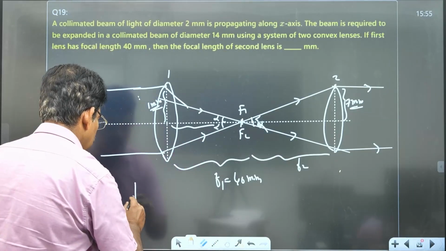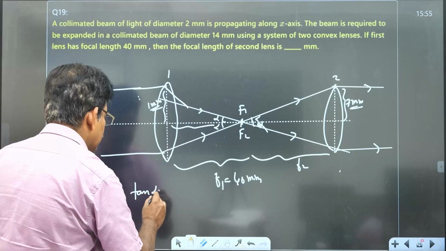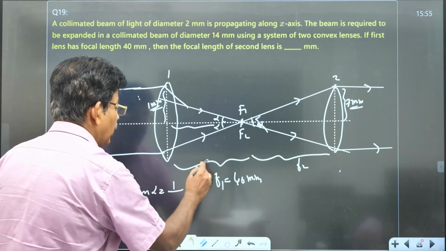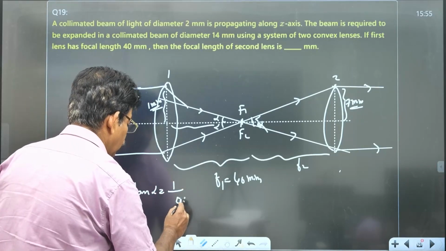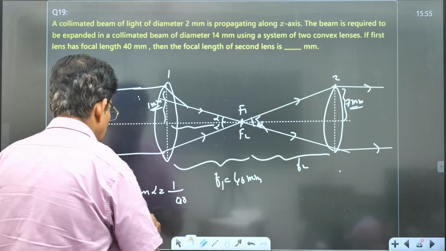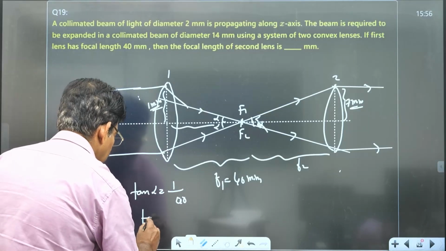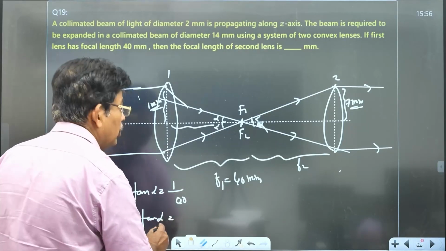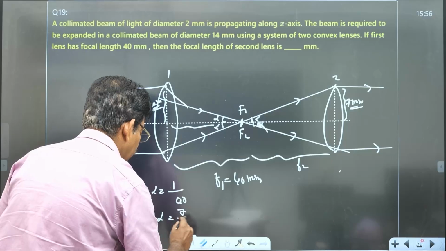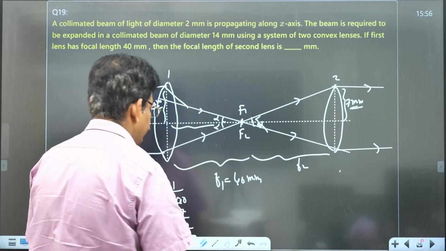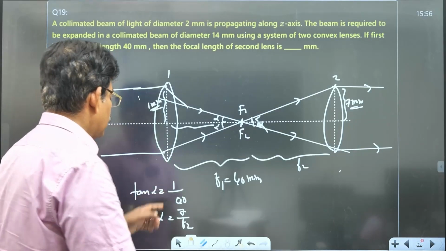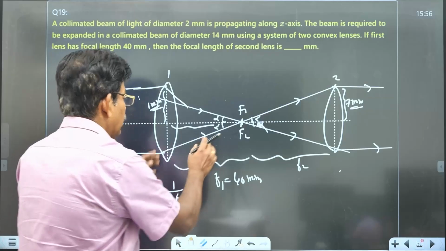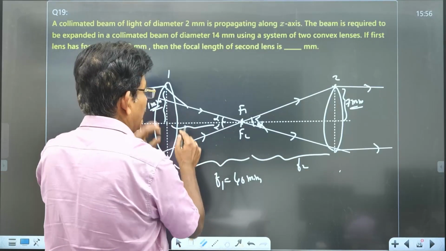What about here? Tan alpha is equal to 1 divided by how much? 40. This is 40. Second case, tan alpha is equal to 7 divided by F2. First case, tan alpha is 1 divided by 40 because this is 40, this is 1 millimeter.